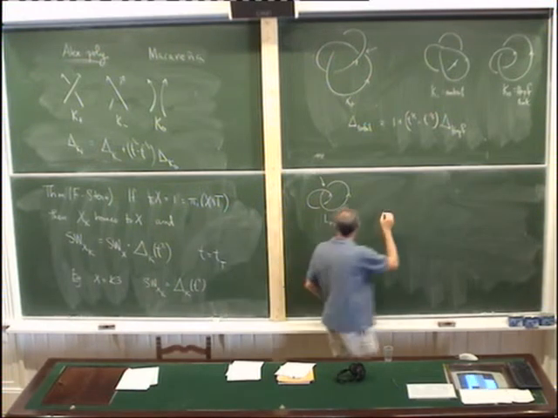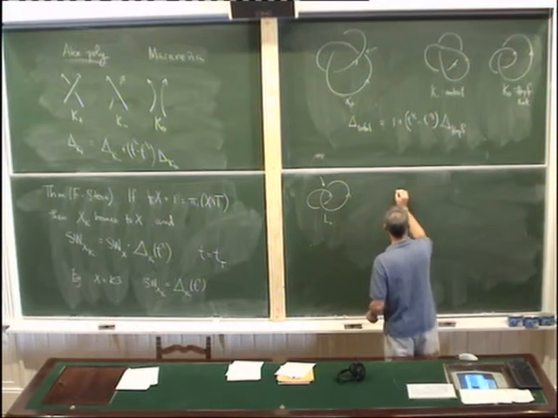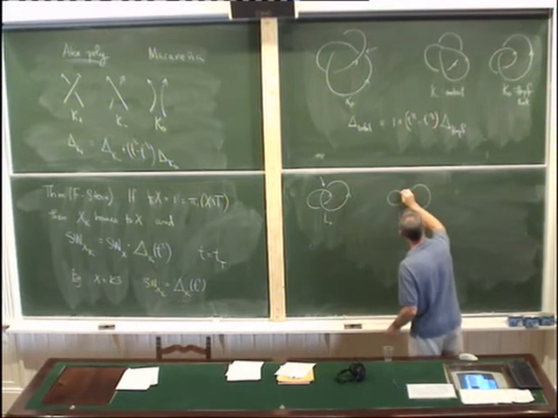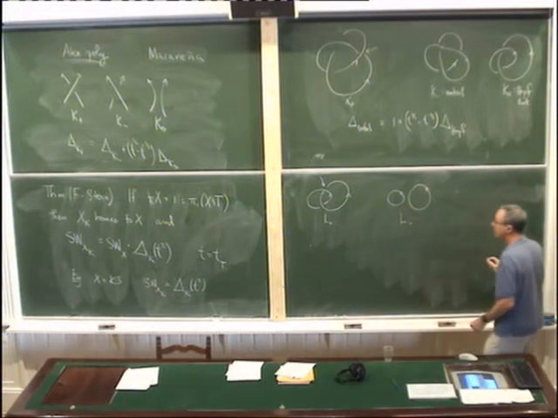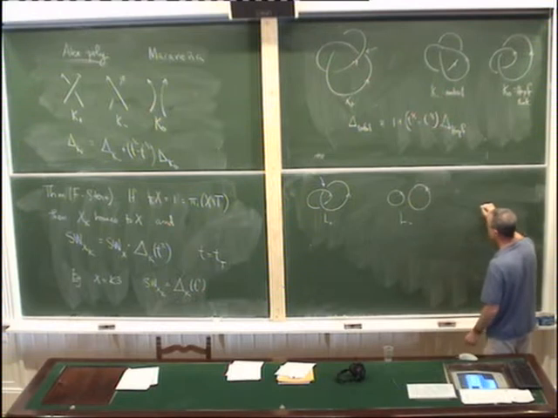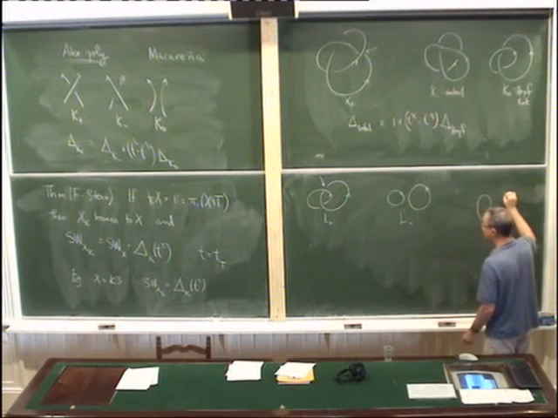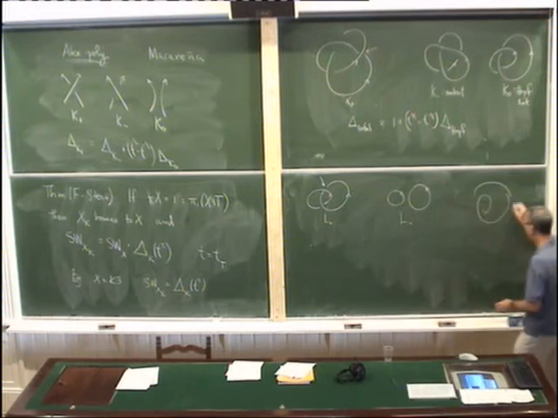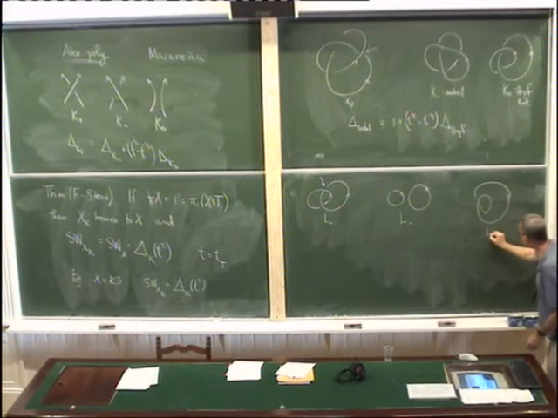Then L minus is completely unlinked. And L0 is, well, it's unknotted, whatever it is here. Okay, it's unknotted.